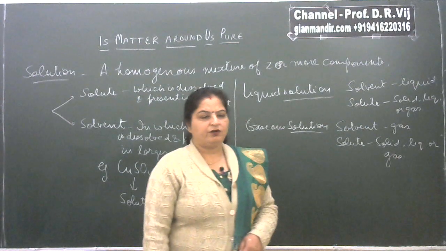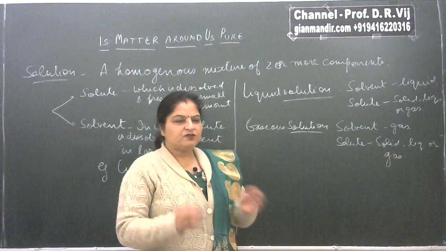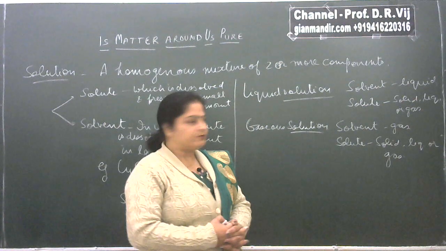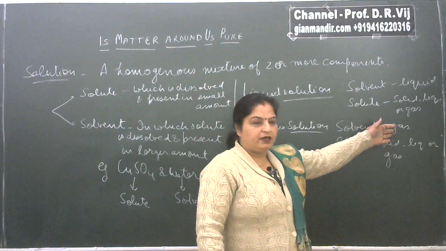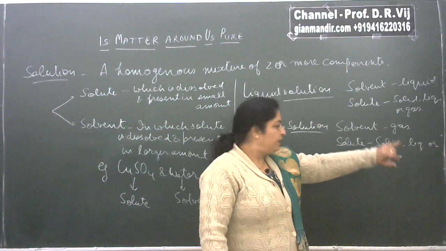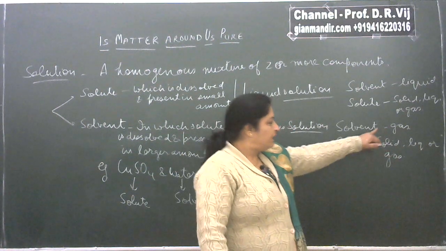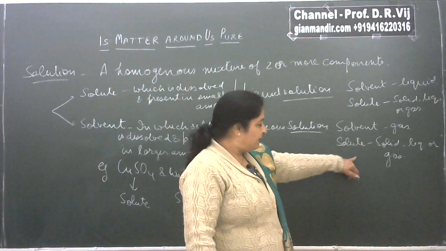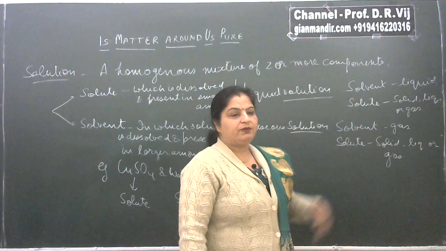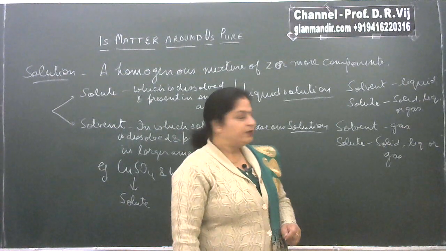For example, smoke contains unburnt solid carbon particles or dust particles suspended in air. So that is an example of solid to gas, right? Liquid or gas, for example, there can be an example of liquid to gas, and there may be an example of gas to gas.